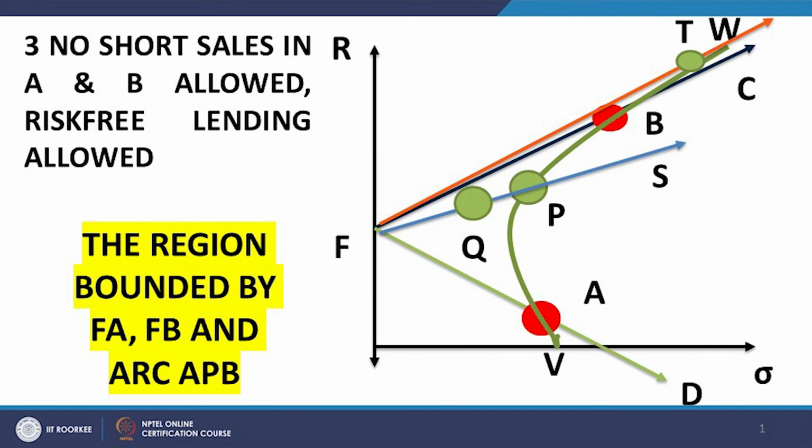Now, we take the next situation where no short sales in A and B are allowed, but risk free lending is allowed. In this case, what happens is, I have explained briefly this situation. The portfolio possibilities region, this is not a curve, it is a region of space. The region of space is the space which is bounded by the straight line segments BF, FP, FA and the arc of the hyperbola AB.